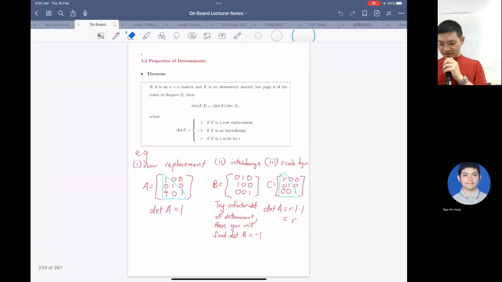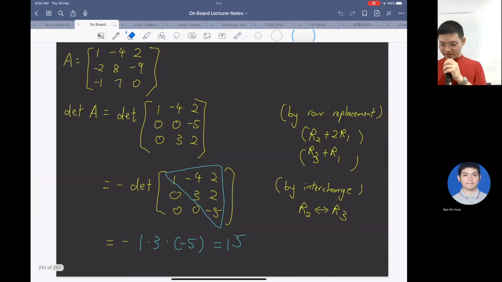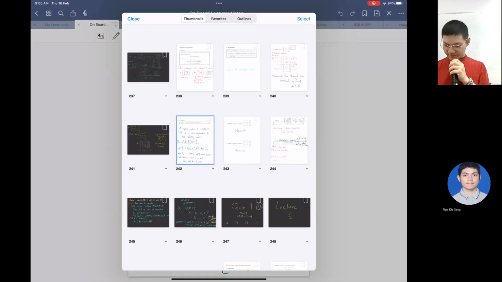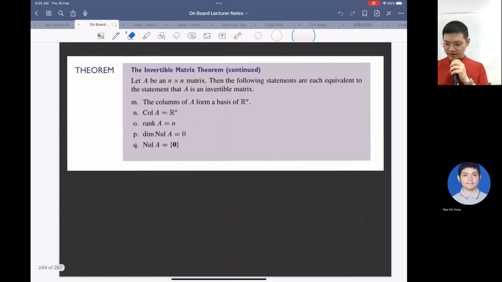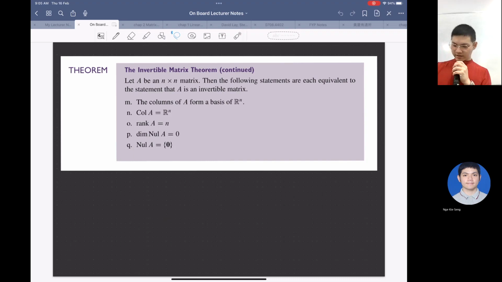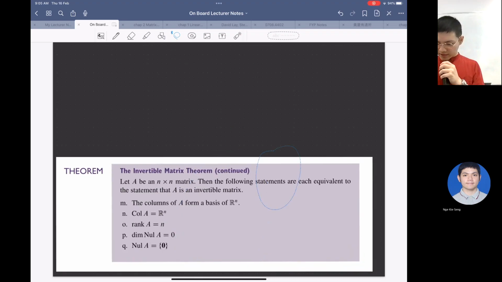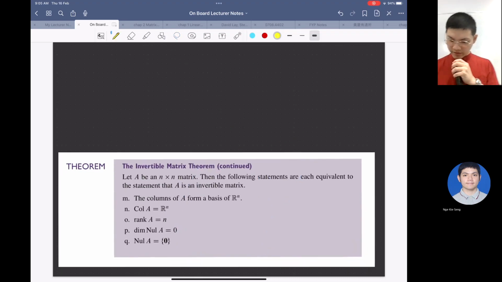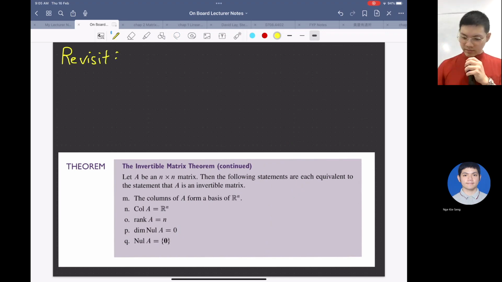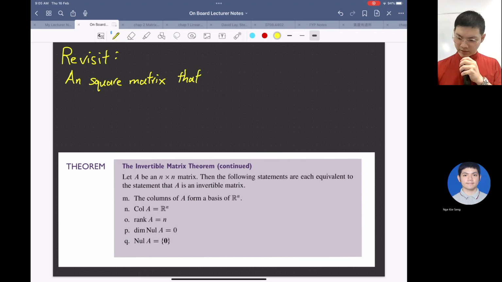All right. Let's dive into today's content. Okay. Let's revisit some theorems that we missed yesterday. So let's start from something we know first. Okay, what did we learn about a square matrix that is invertible?